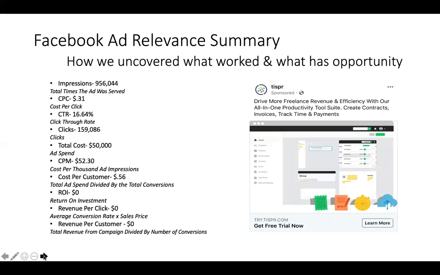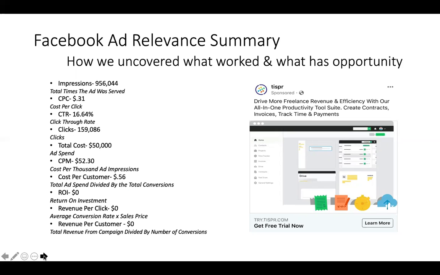The Facebook ad relevance summary. This is how we uncovered what worked and what has opportunity moving forward. So as we talked about, we had over 956,000 impressions. The cost per click was 31 cents, which is great, and it had a good click-through rate of 16.64%. 159,086 clicks after people were served this ad.